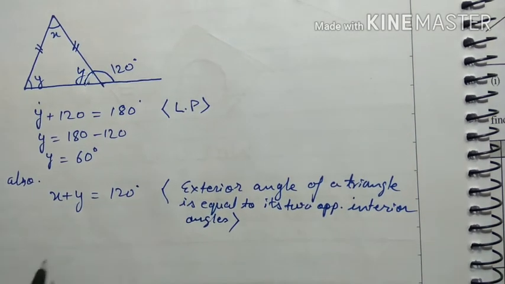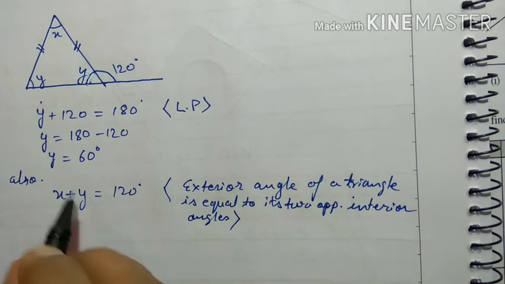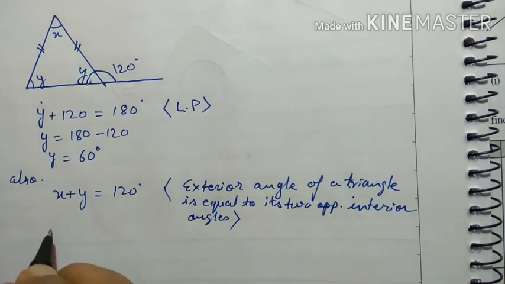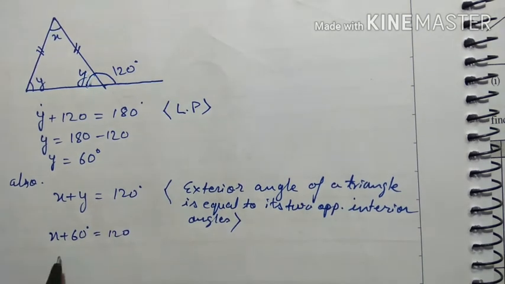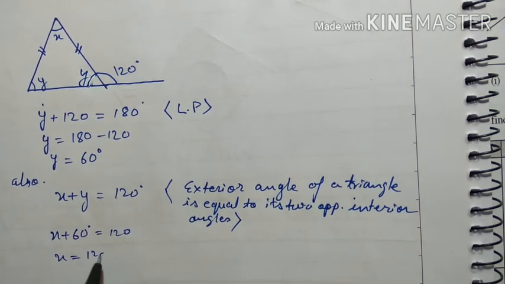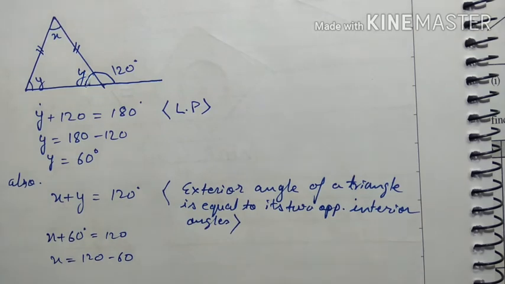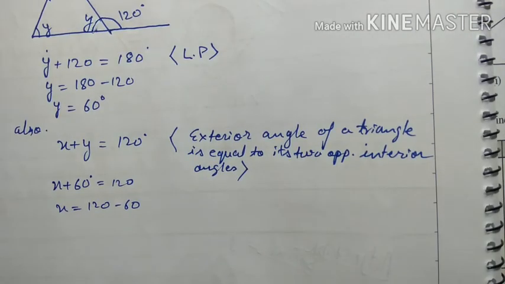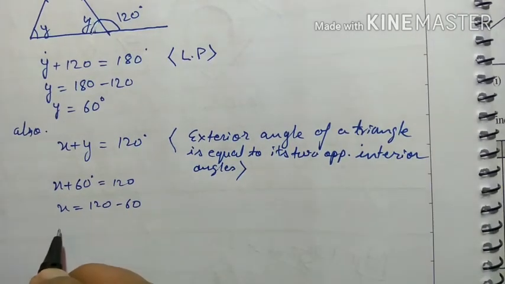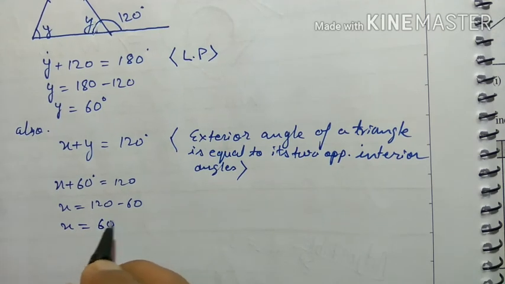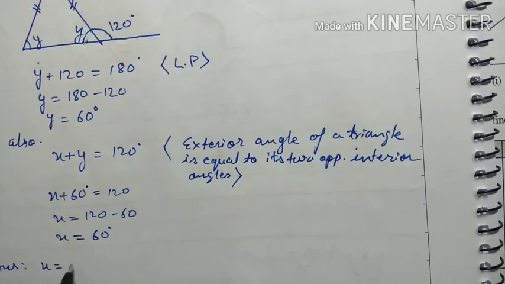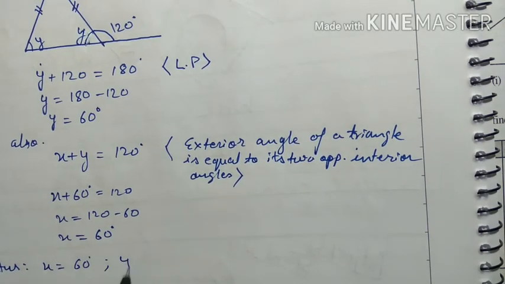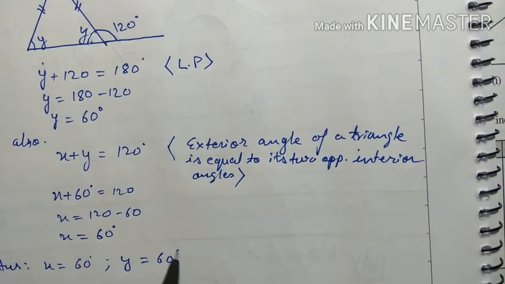Putting the value of y, which is 60 degrees, x plus 60 is equal to 120 degrees. So x is 120 minus 60, and x is equal to 60 degrees. So your answer is x equals 60 degrees and y equals 60 degrees.